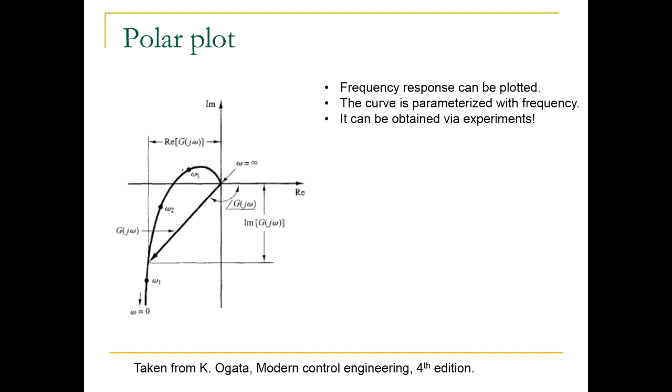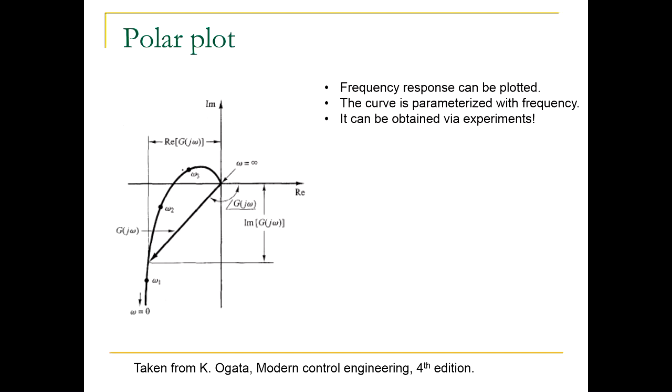So know that this curve here can be obtained from experiments. What you can do is run an experiment, apply a sinusoidal input at some frequency, like frequency 1. You wait for steady state response, transients die out, and then you record the output amplitude and phase, and from the input amplitude and output amplitude, you calculate the phase and magnitude of the system frequency response at that frequency.